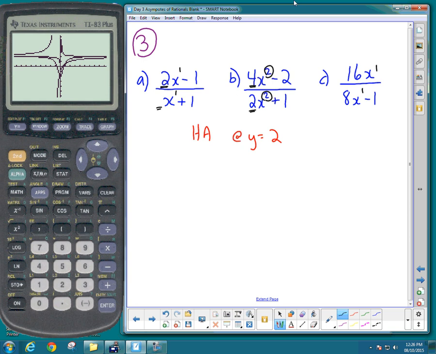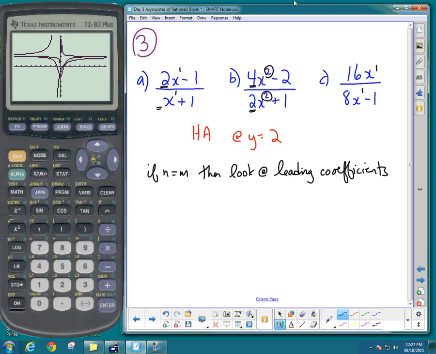So if your n and m are the same, so if n equals m, then look at the leading coefficients. Now, we're going to make this note later, so you don't need to write this down right now if you don't want to. So look at the leading coefficients.